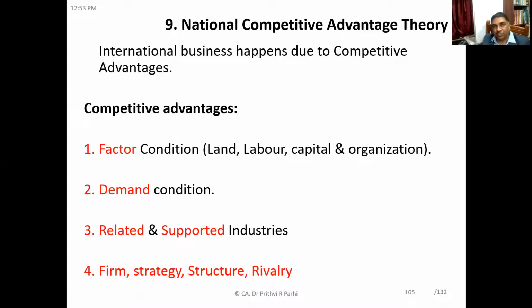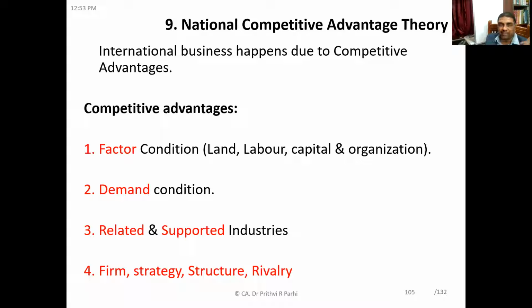Then the next theory is the national competitive advantage theory. Okay, this theory suggests that international business happens due to some competitive advantages. One country might be having various competitive advantages.